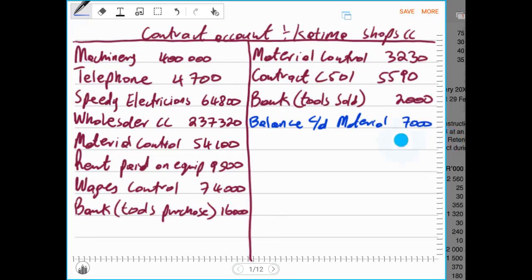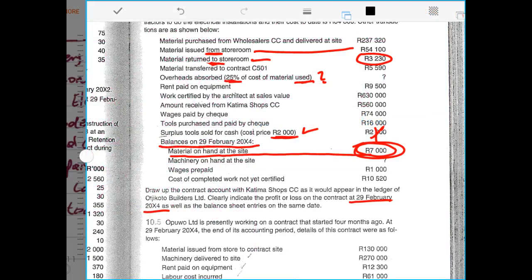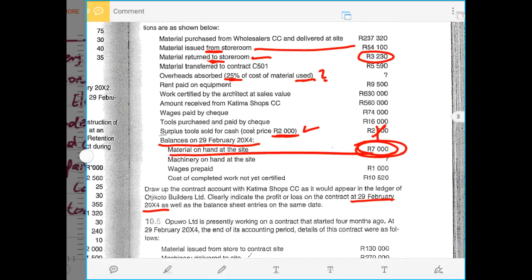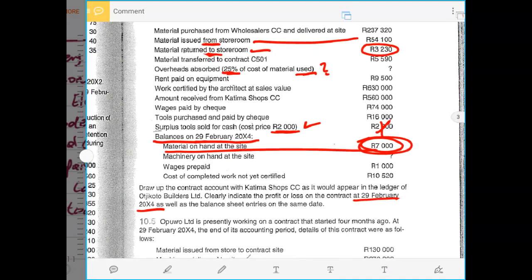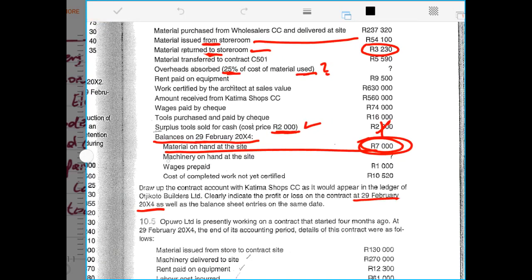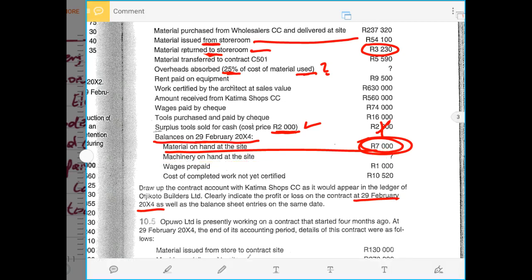Then we're also told that there was a balance at the end of this period for the machinery. They say balance on machinery on hand on site is a question mark. They don't tell us the value of the machinery at the end of the period. Remember, in terms of the machinery, we are looking at what is called the carrying value.